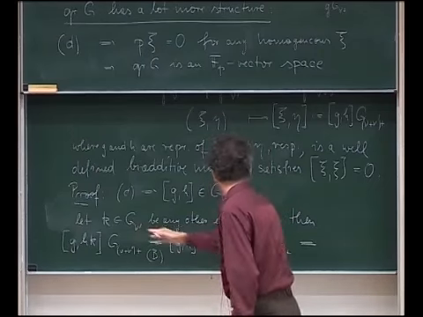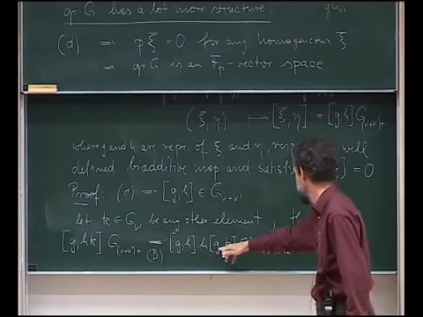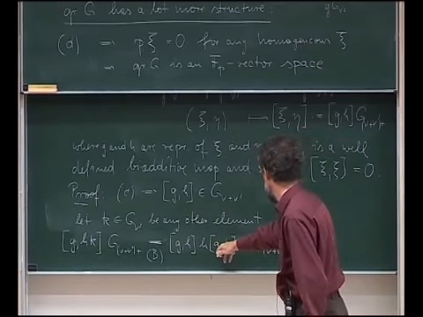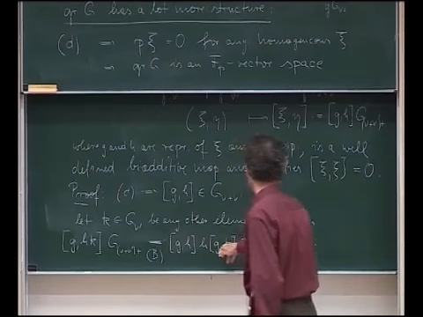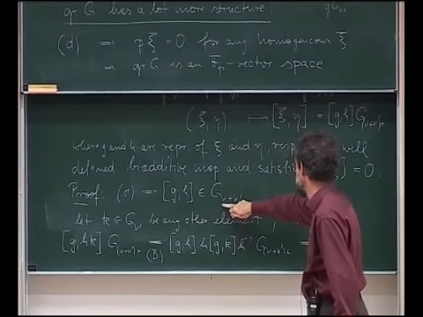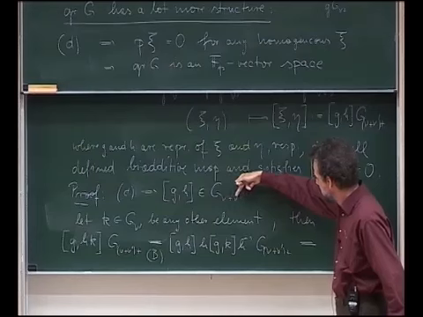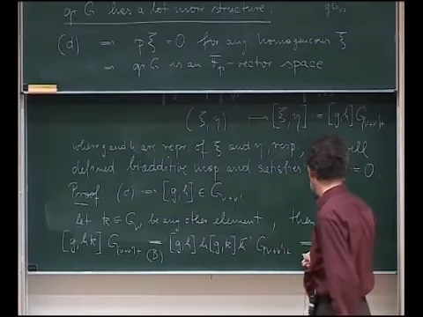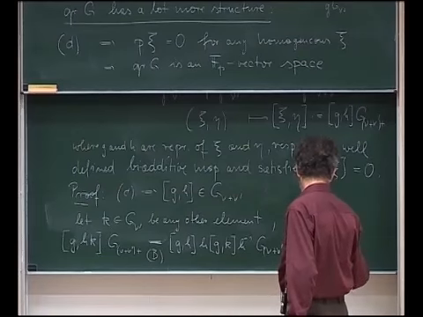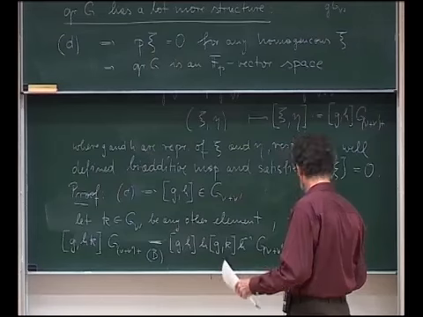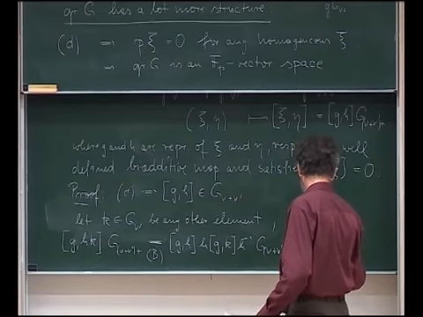And now you see, H lies somewhere. I mean, it lies in here, but this is possibly far from this here. But the commutator G comma K, I mean, K is also in G nu prime, so this commutator also lies in G nu plus nu prime.